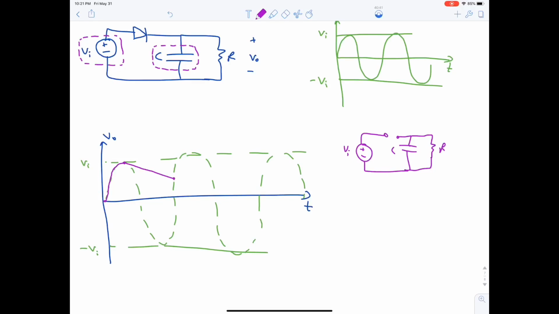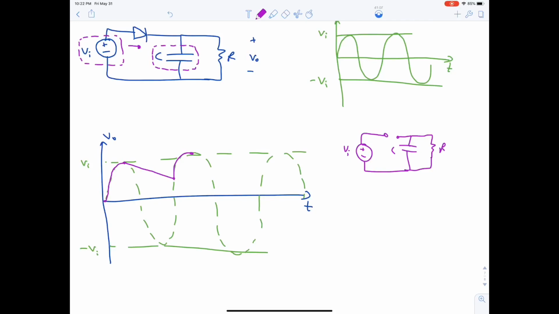Once VI, the voltage across VI, is higher than the voltage across V output, the diode will connect again. Hence the capacitor will be charging again until it becomes at the peak value. At that moment, VI will start decreasing again. Once it drops below the peak value, then the diode will be off.